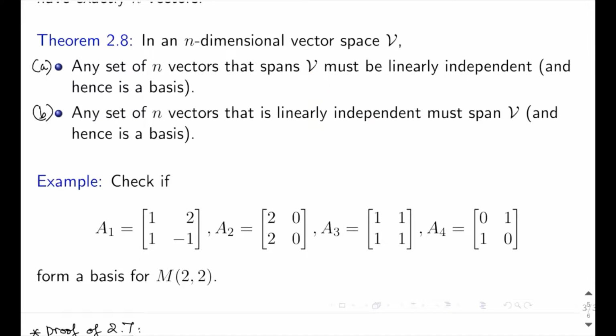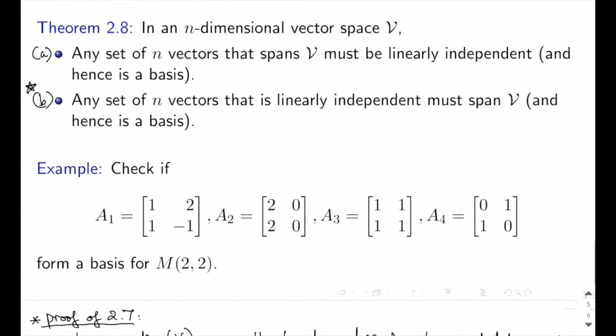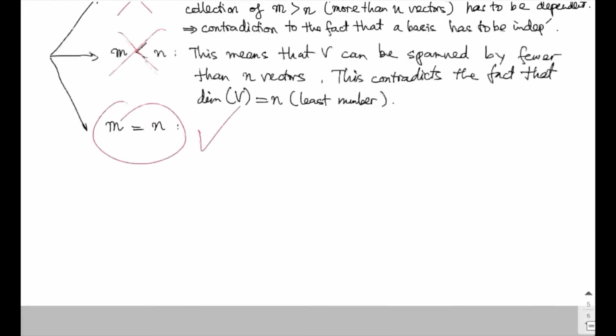So although theoretically each of them will cut your work by half, actually this one is going to cut 75% of your work. This one actually just cuts 25% of your work. So that's the reality. I will mark B with a star, very often used. Now I'm going to prove A.